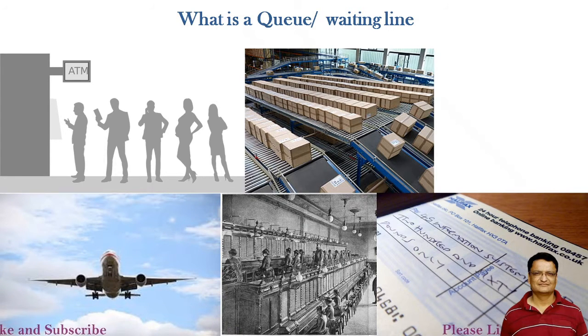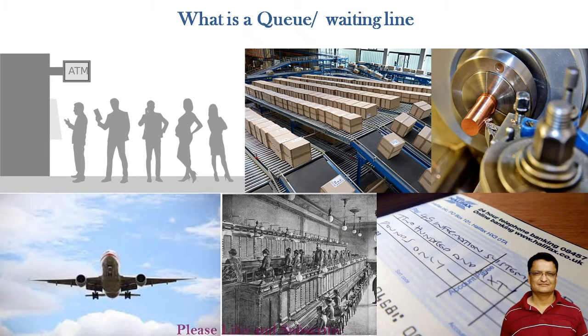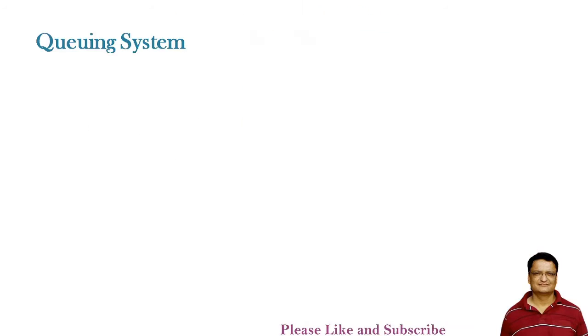There could be an aeroplane which is waiting for getting the clearance from the ground for landing, and there are certainly queues or waiting lines for the products to be processed on a certain machine. So waiting lines are an inherent part of the world.